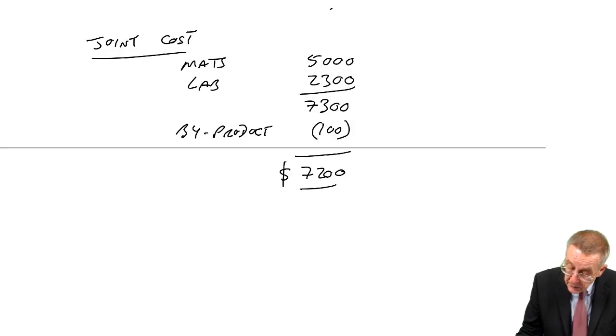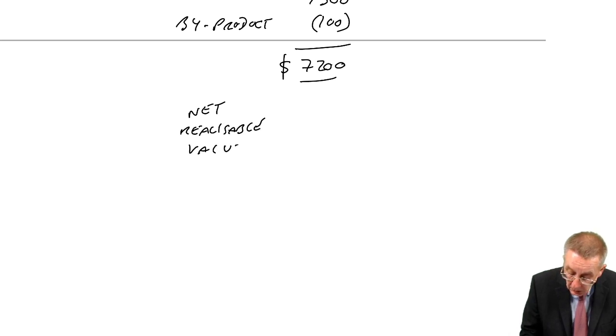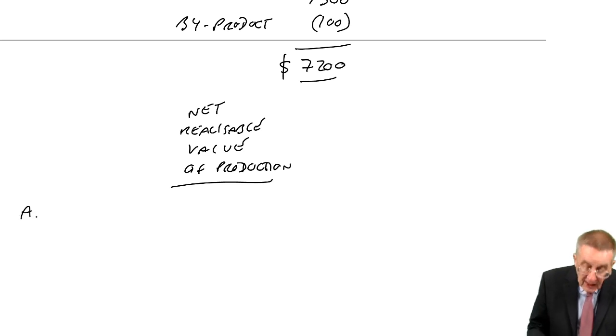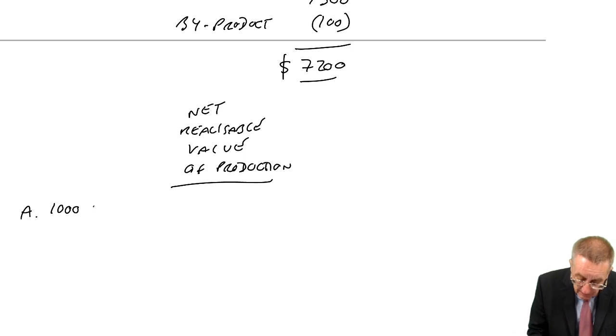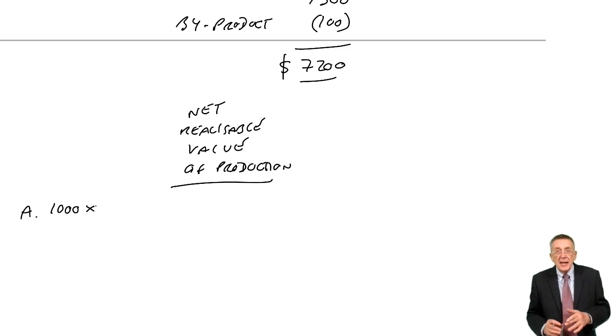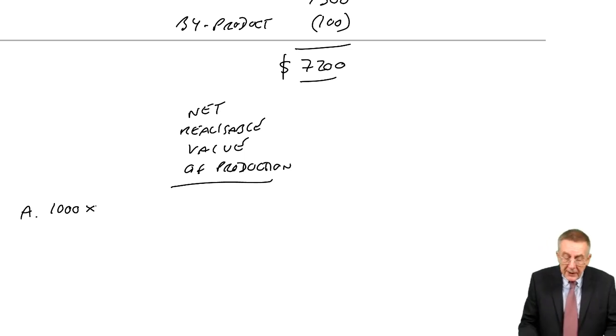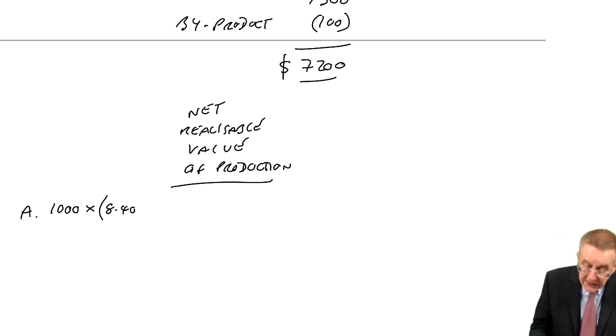Well, we will take market value approach, but we calculate what we call the net realizable value of the production. And all we do is this. A, how many kilos are coming out? 1,000? We need its market value when it actually comes out of the process. All we do, we say its final value is 840, the selling price.